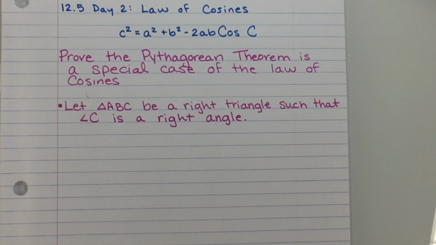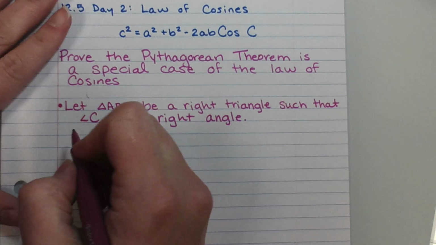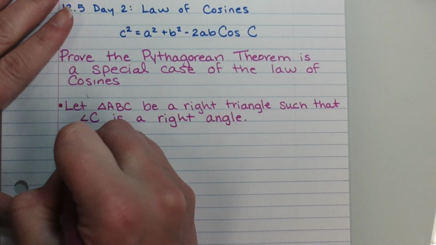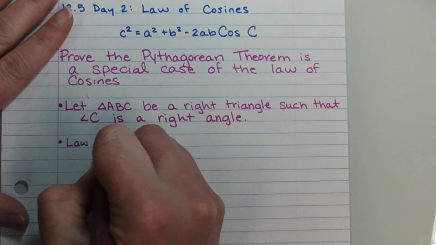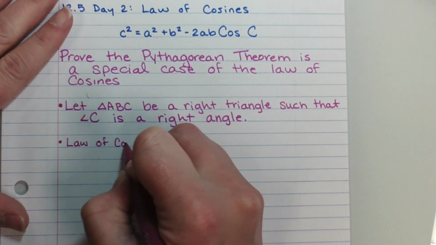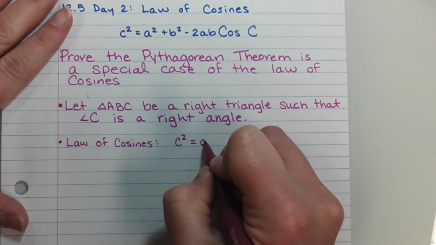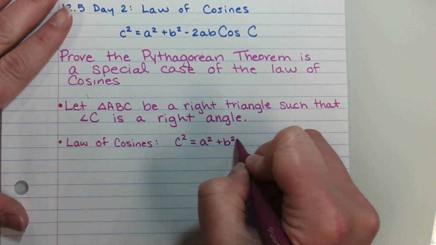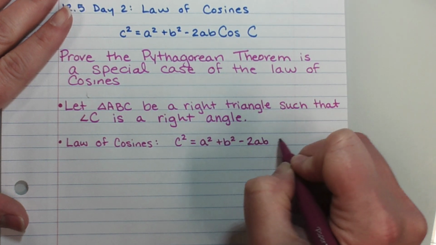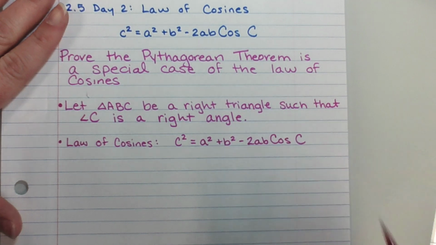Now we're trying to prove the Pythagorean theorem is a special case of the law of cosines, so we're going to start with the law of cosines after we've got this piece out. The law of cosines works like this. C squared equals a squared plus b squared minus 2ab cosine of c.